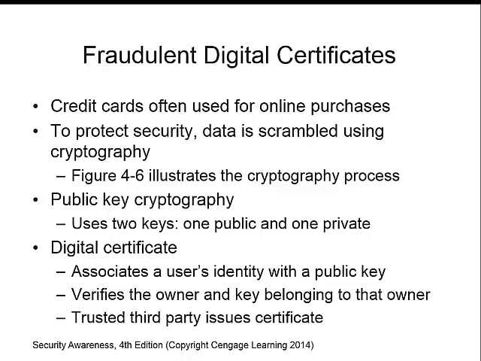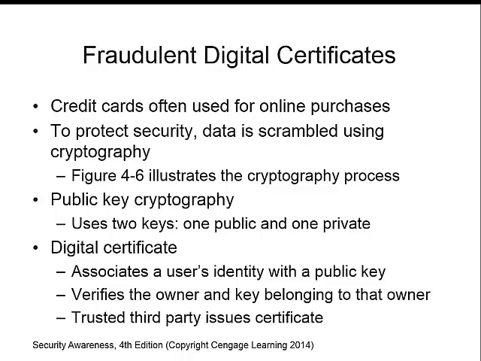Next, let's talk about fraudulent digital certificates. When you use your credit cards for online purchases, you open yourself up to fraud. To protect security, data is scrambled using cryptography, and in your book, Figure 4.6 illustrates the cryptography process.